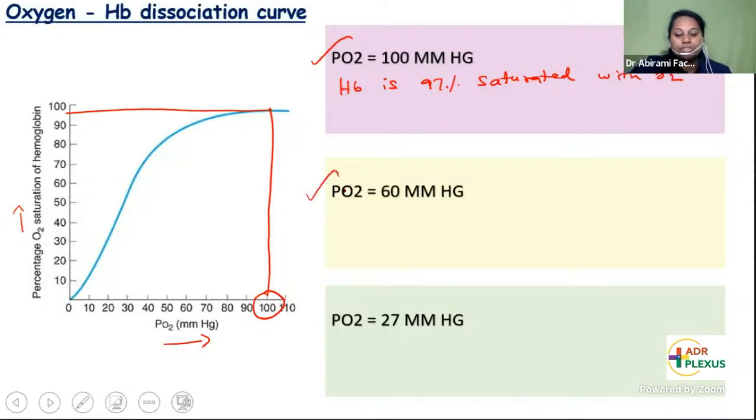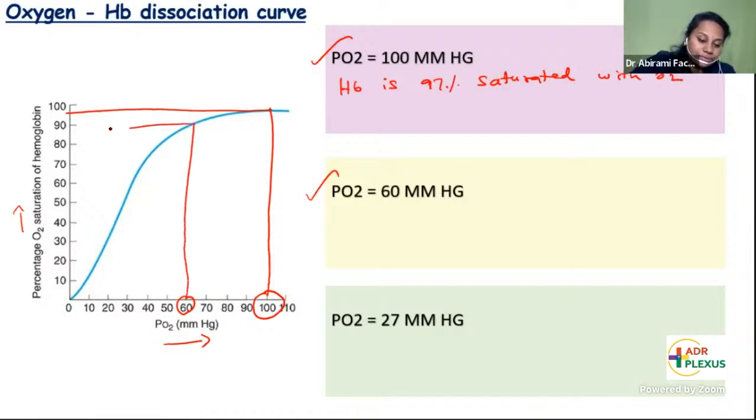Yes, okay. Now let's do another value. At a partial pressure of 60 millimeters of mercury on the x-axis, see what is happening to saturation. Hemoglobin is 90% saturated with oxygen.